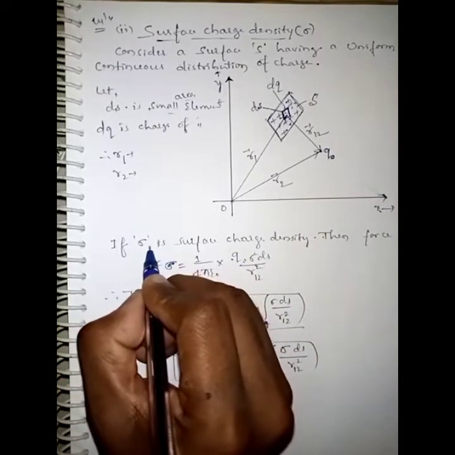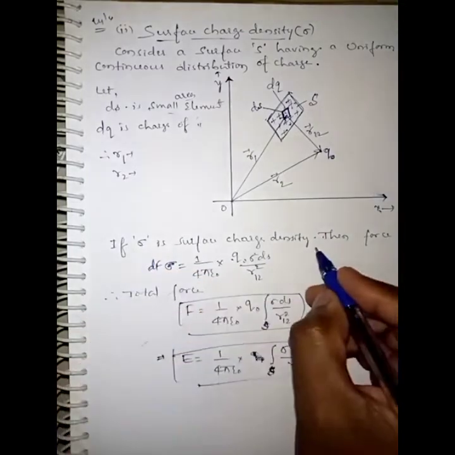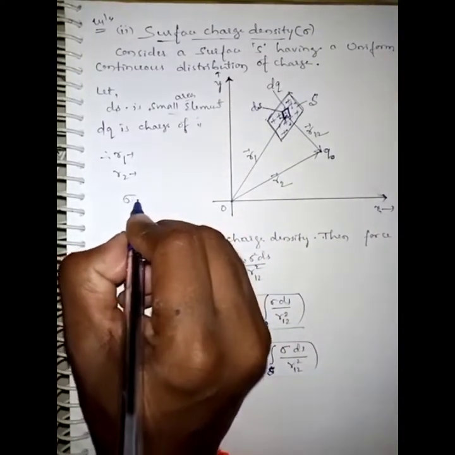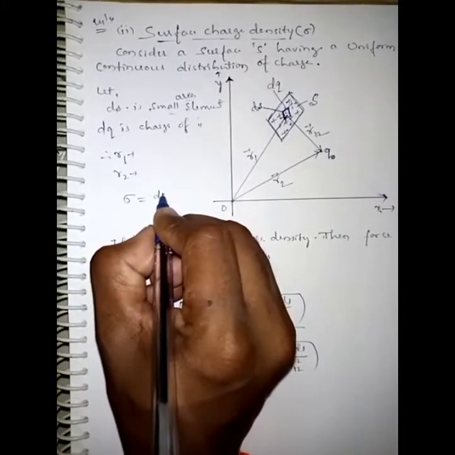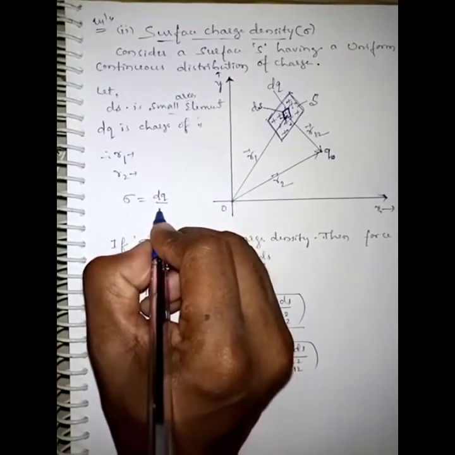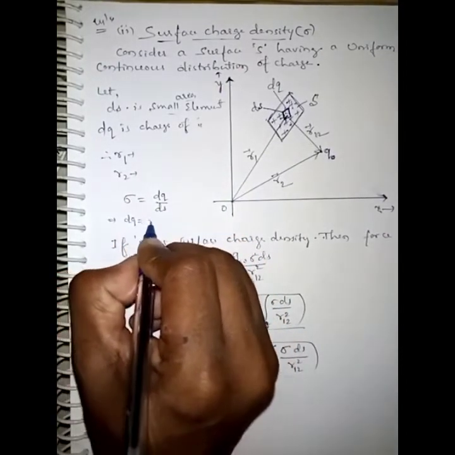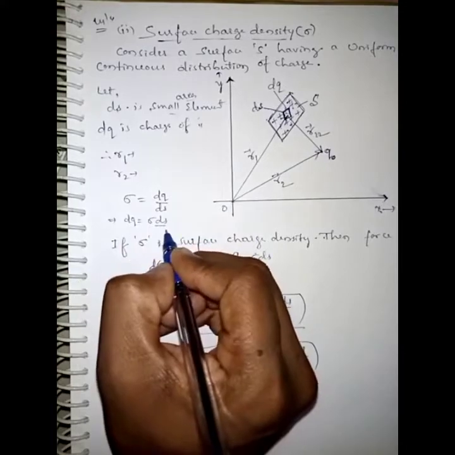According to the surface charge density, sigma is equal to charge dq divided by area dS, which implies dq equals sigma into dS.